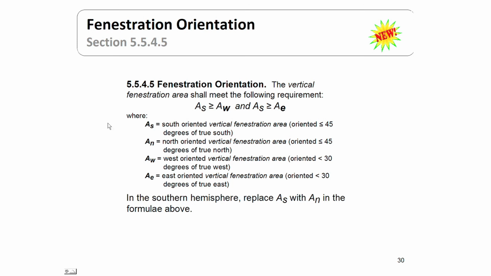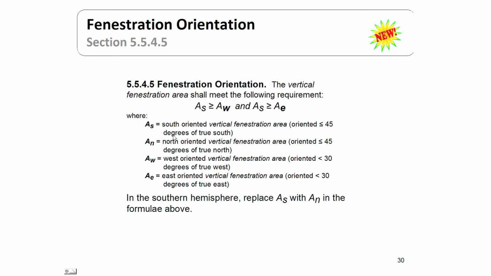And yet another requirement on the fenestration orientation related to the window areas. What this is telling you is that the area of the window on the south, that's AS, has to be greater than or equal to the area of window on the west, AW. And also, the south glazing has to be greater than or equal to the window area on the east wall. And there are certain stipulations here on what's considered east.